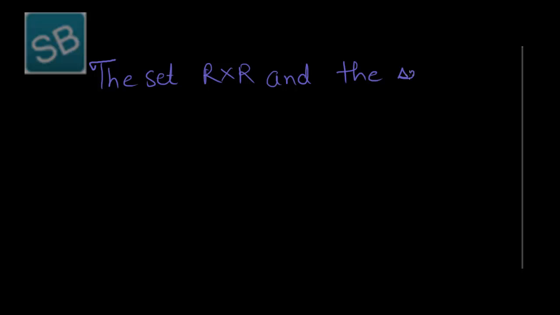The next topic is the set R cross R, that is the Cartesian product of R cross R, that is ordered pairs represented in R cross R as both the elements are real numbers, and the set of complex number.